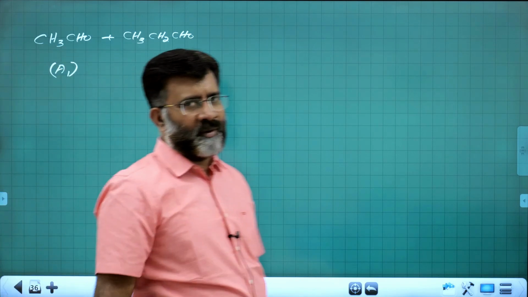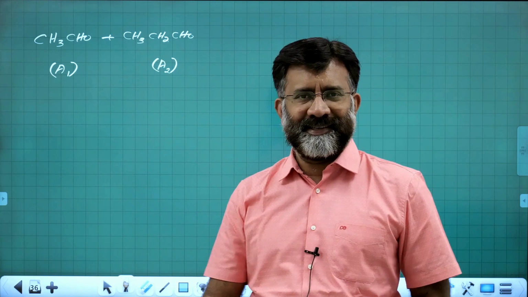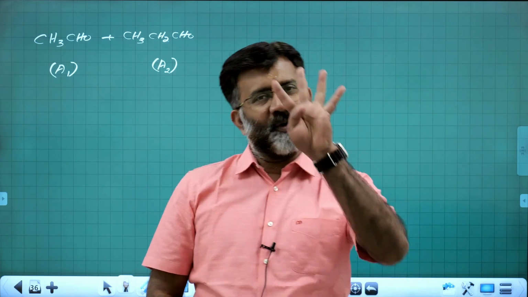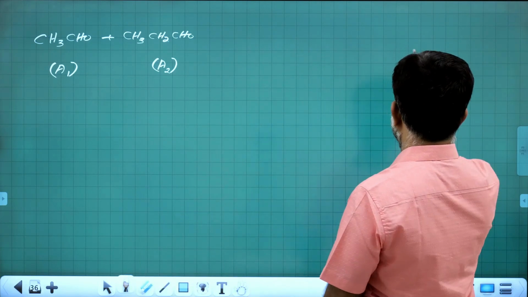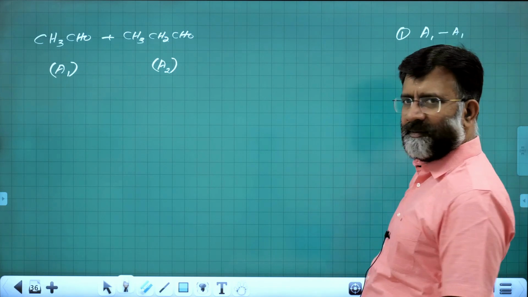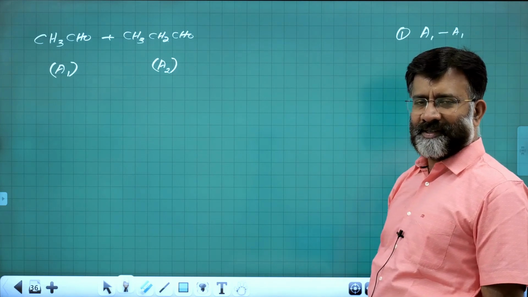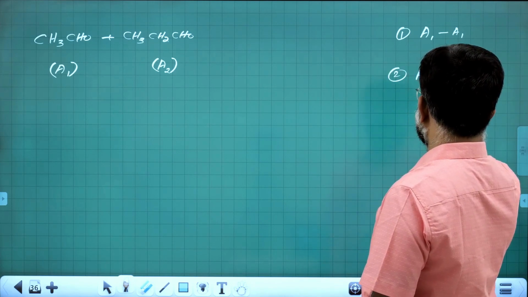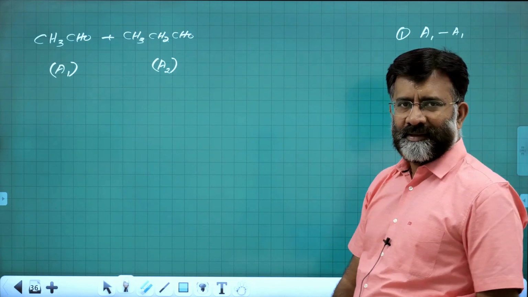How many possible products can you get? You can get 4 products. What are the 4 products? Product number 1 is A1 condensing with A1, self-condensation, already written. Product number 2 is A2 condensing with A2, self-condensation.